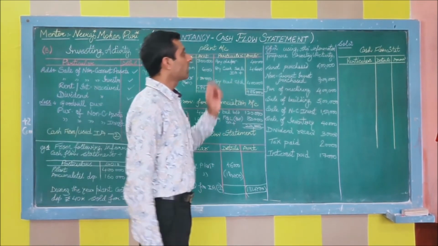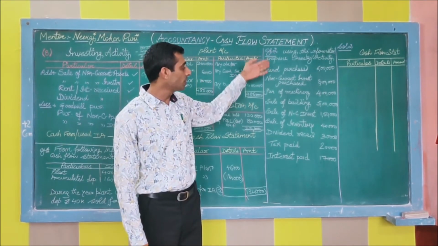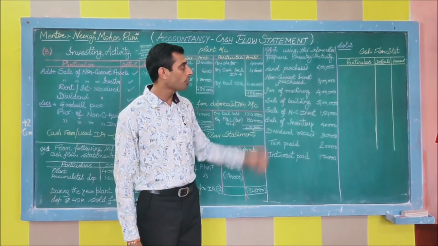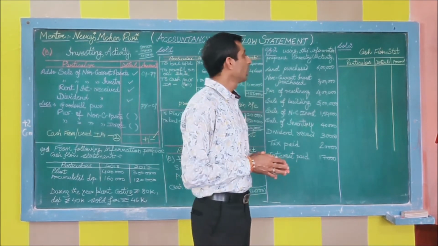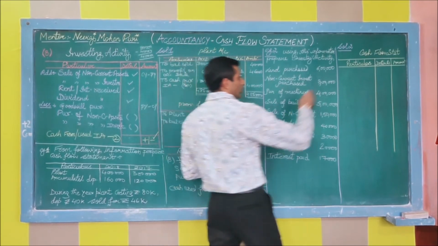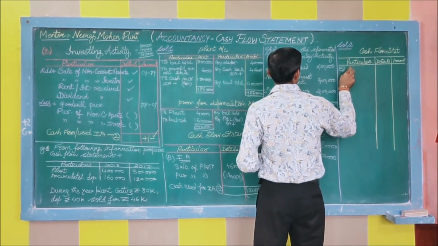Move on with another type of situation, that is example number 2. Here we have some details which are given just in the form of a paragraph. These are multiple items which are related to our investment activity. So this is the format. We will directly start by labeling it part B, title is investment.